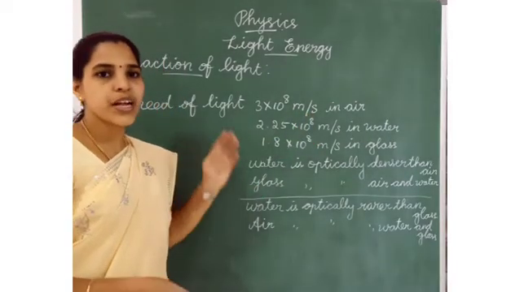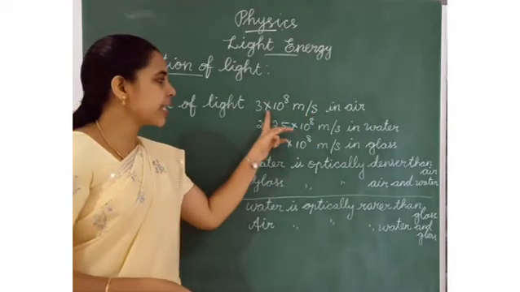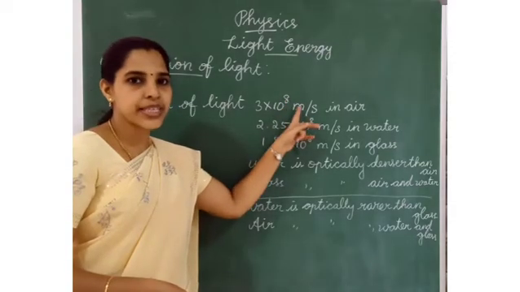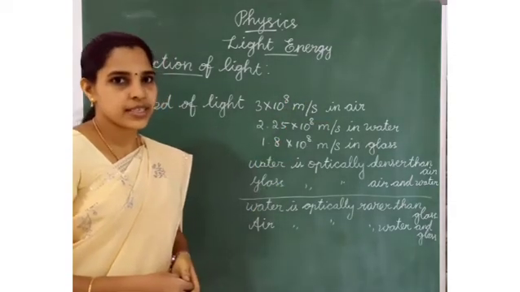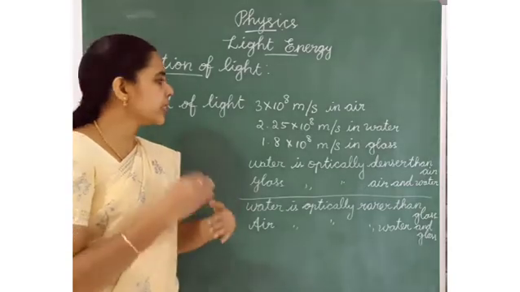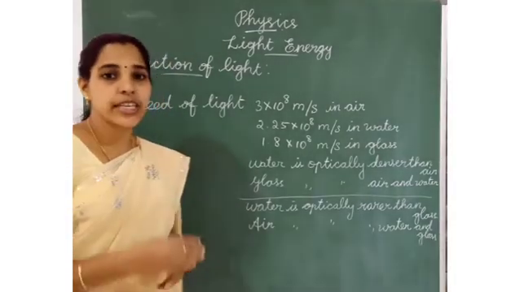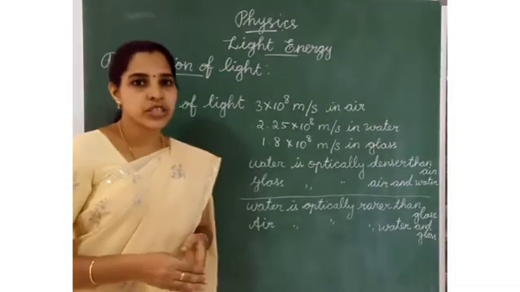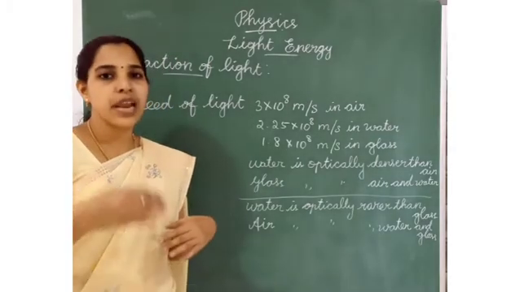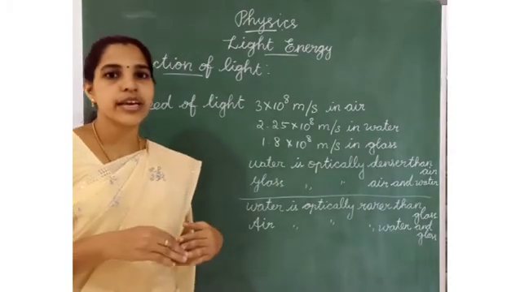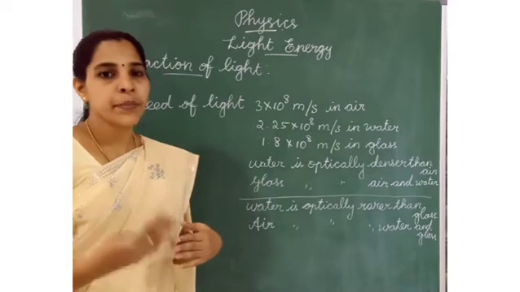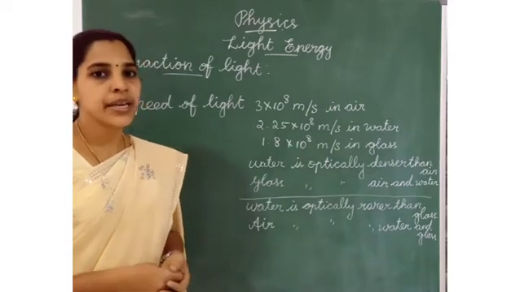What is the speed of light in air? 3 into 10 power 8 meter per second. According to the medium, the speed of light will change.